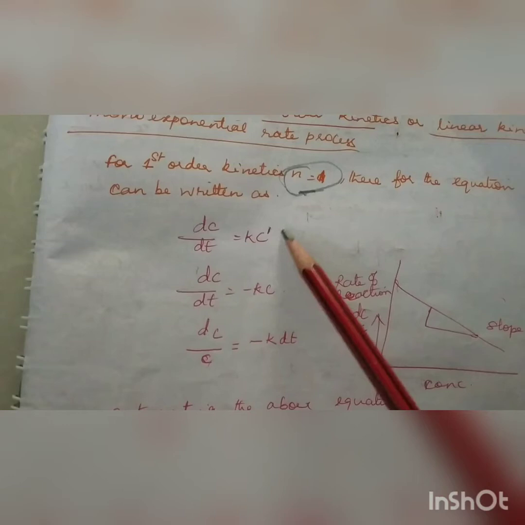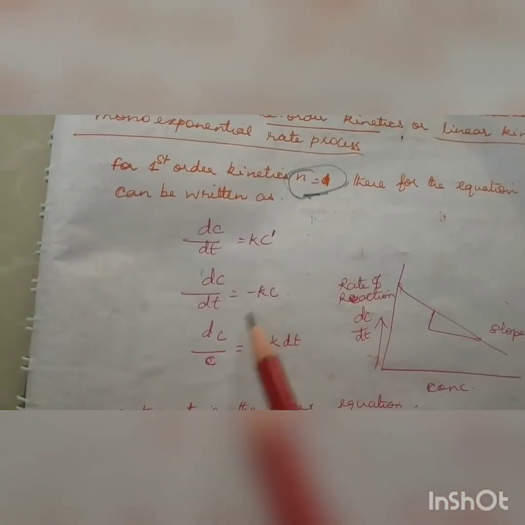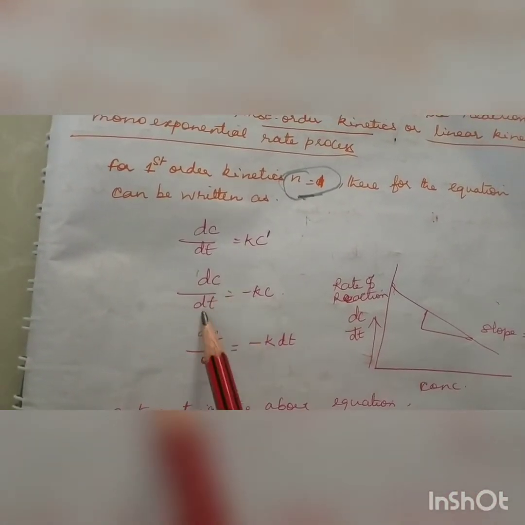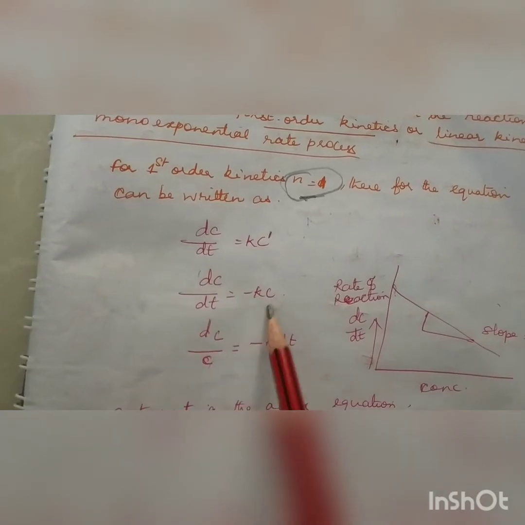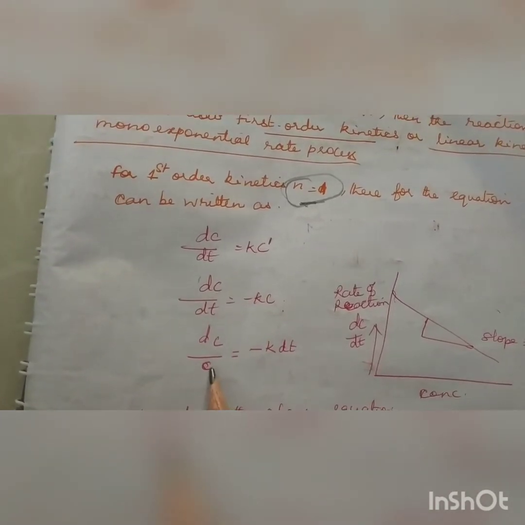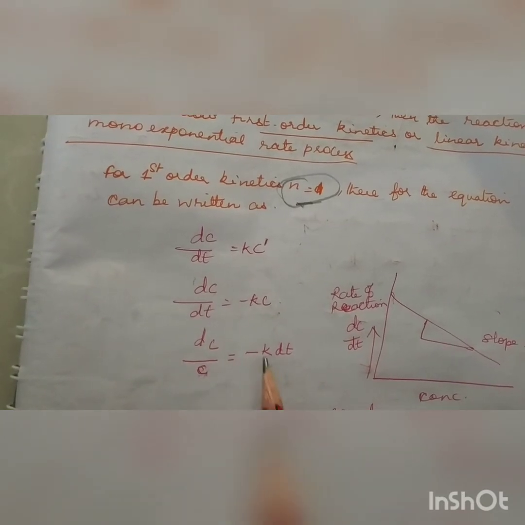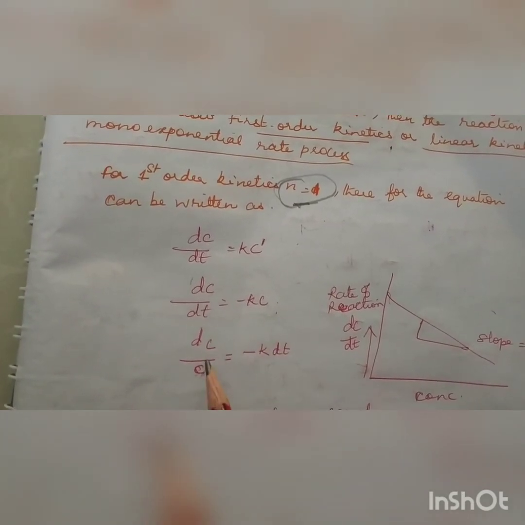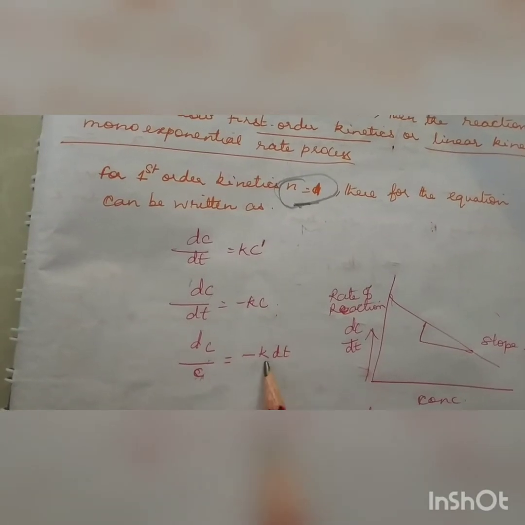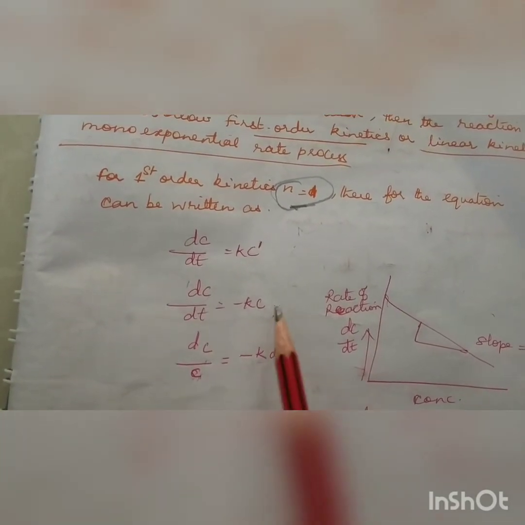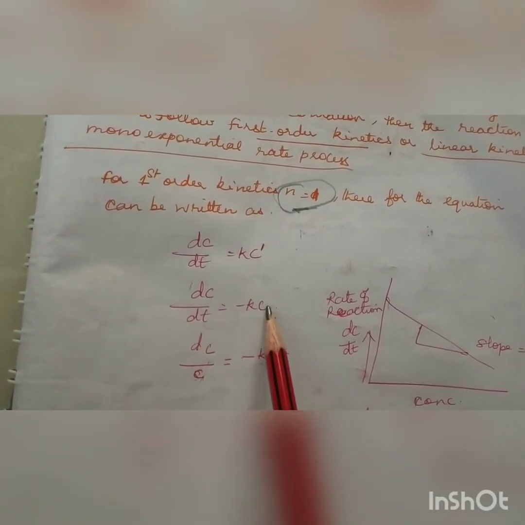So we are substituting the n with 1. So we will end up having dC by dt is equal to minus K C, and we are just taking dC to this side and dt to this side.